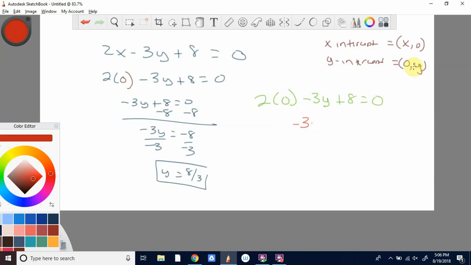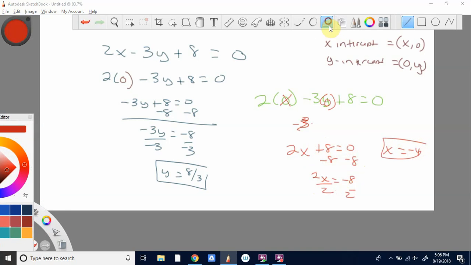Oopsie. Got it backwards. This is the y-intercept. So now I'm going to put 0 in for y. So then I'm left with 2x, plus 8 equals 0, minus 8, 2x equals negative 8, divide by 2, x equals negative 4. So this is my x and y-intercept.